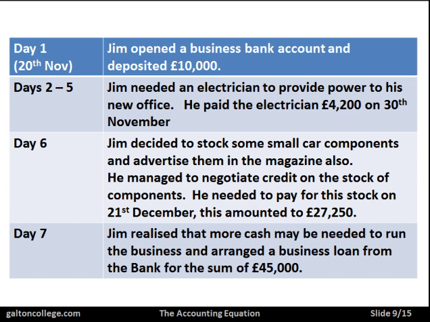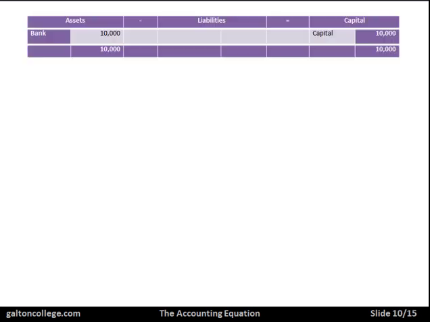And then finally he arranged a loan from the bank of £45,000. So let's see how this would work out in terms of a very simple structure. We start with assets, liabilities and capital.